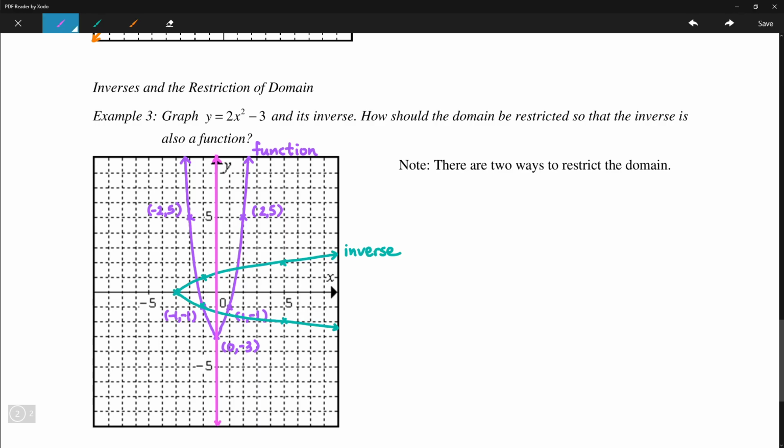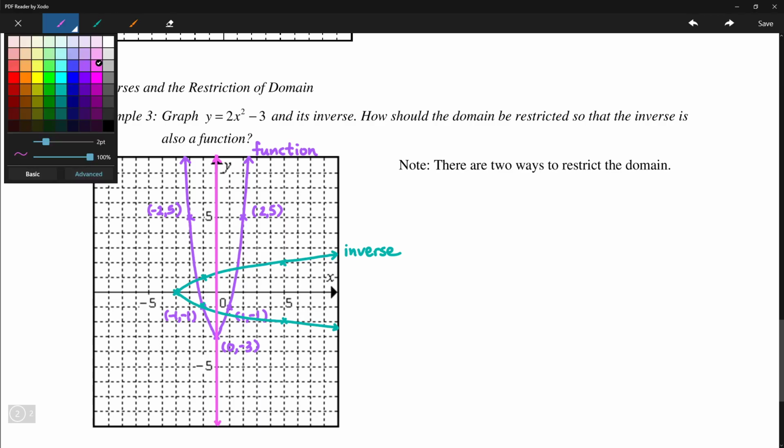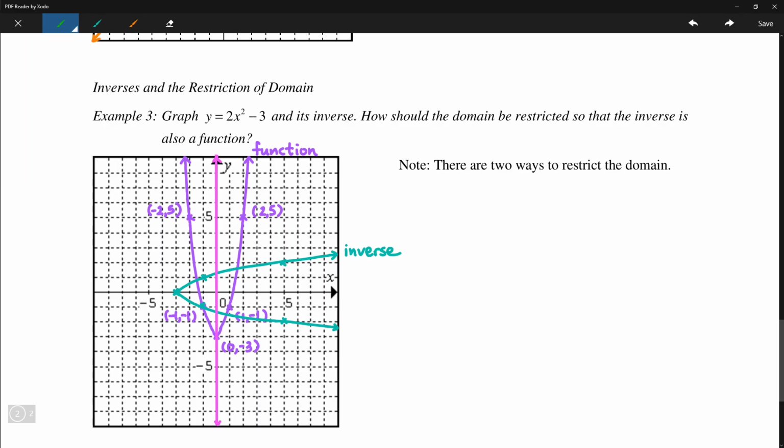Now, an important key to note here is that when it says to restrict a domain, it's always talking about the domain of the original function. Right, so we start by restricting the domain of the original function, so the resultant inverse is a function as well.